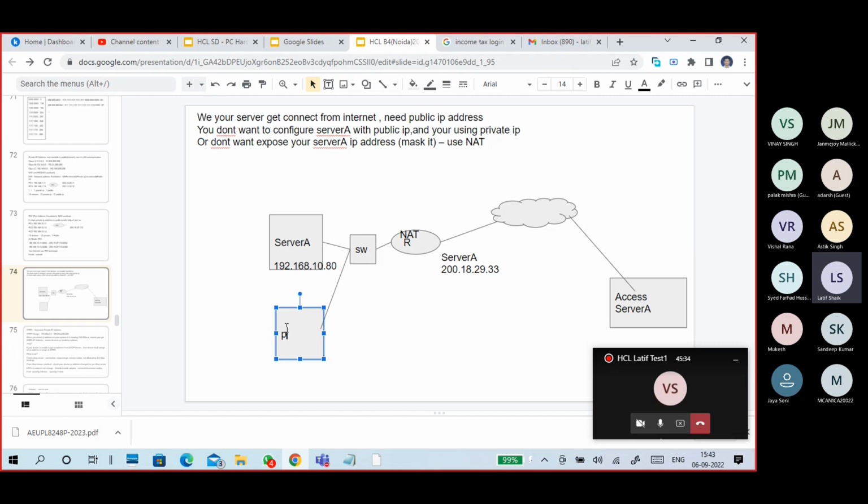This is PC1. If PC1 wants to access this server A, the local IP is enough. 192.168.10.11.